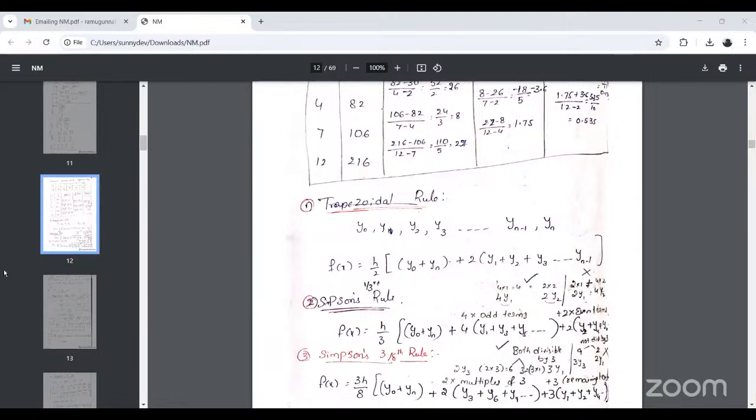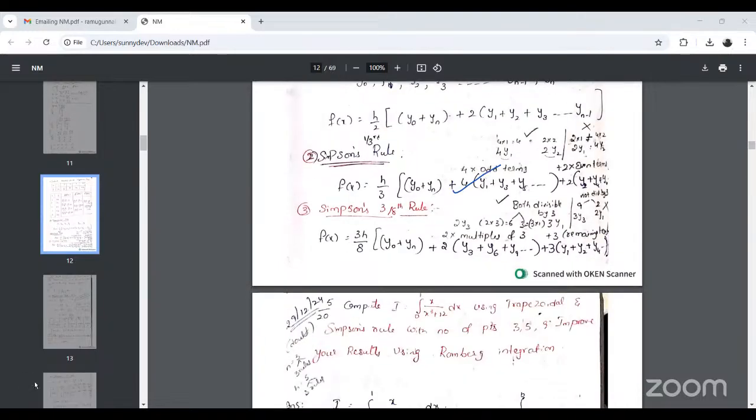Okay. Next, the trapezoidal rule. What is the trapezoidal rule? You should remember the formula: h by 2 into first term plus last term plus 2 into the remaining terms. Next, Simpson's 1 by 3 rule: h by 3 into first term plus last term plus 4 into odd terms plus 2 into even terms.